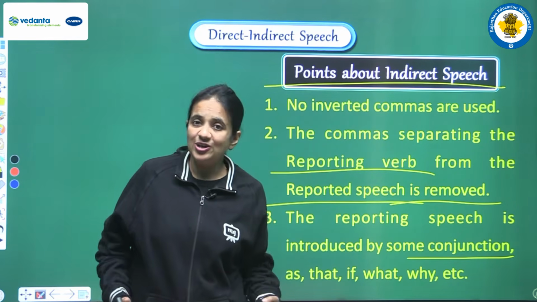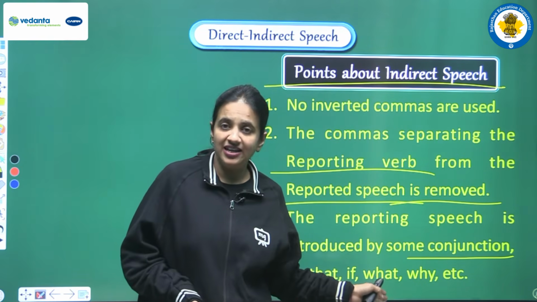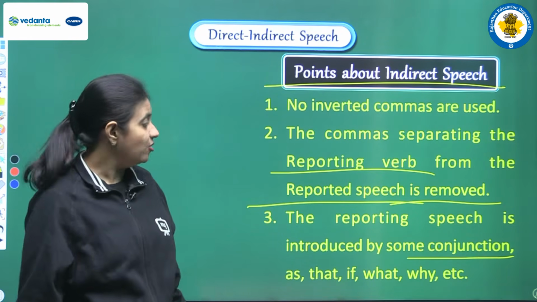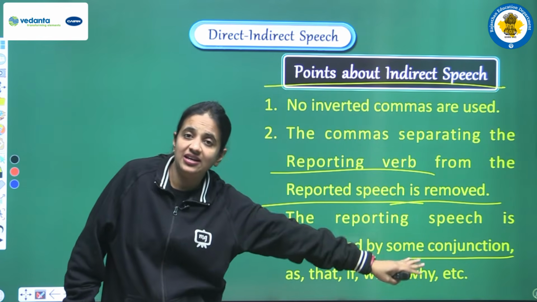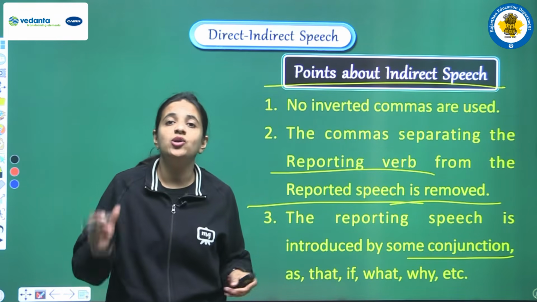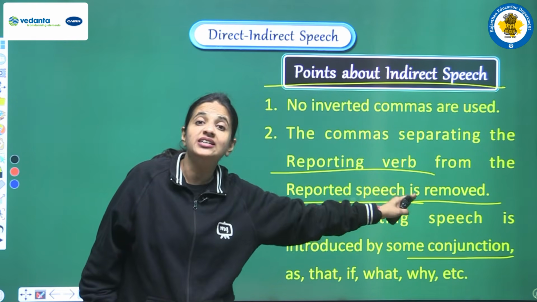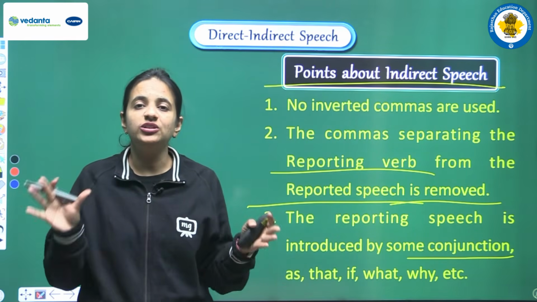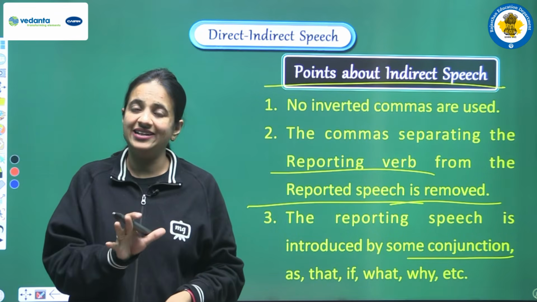So in the further videos when we see the different kinds of sentences, then we will discuss what conjunction is suitable in what kind of sentence. But till now just understand this thing that in indirect speech, when we are having a sentence, then we have to add one word, and that word will have the role of a conjunction, and with the help of that word we can connect both the different parts of the sentence, both the two parts of the sentence.